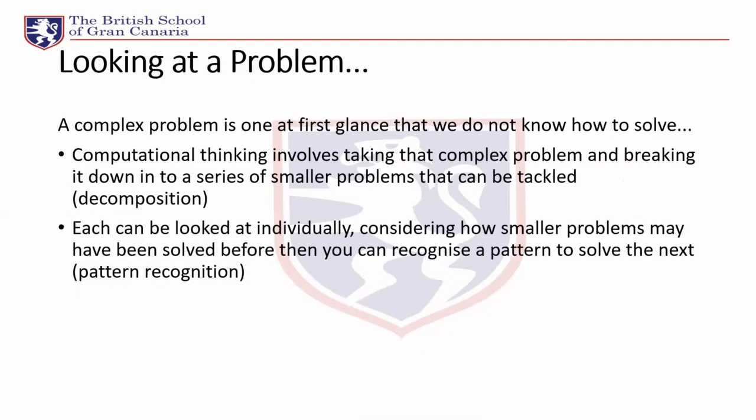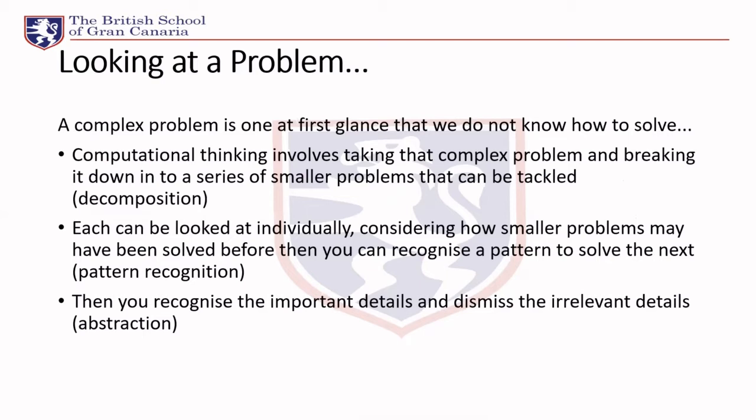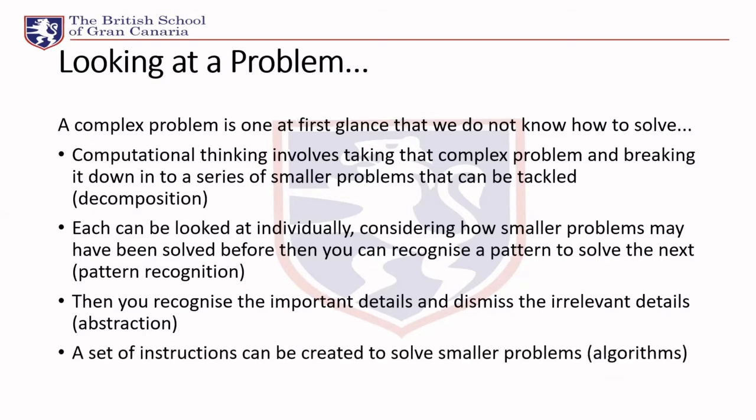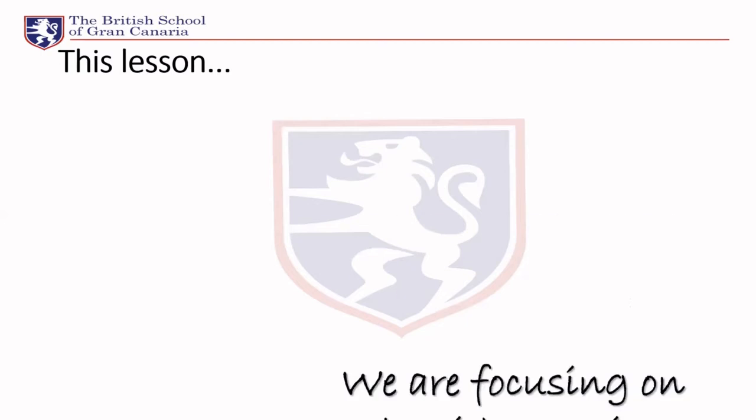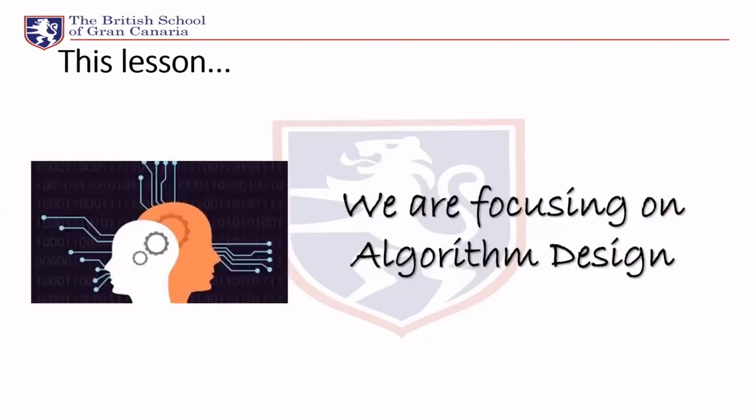Then we look at all these problems and try to recognize a pattern to help us solve them quicker. And then we dismiss the irrelevant details that are probably going to distract us, and we try to look at the whole picture. And then we create a set of instructions to solve the smaller problems. And today we are looking at, and hopefully you've already said it, algorithm design.